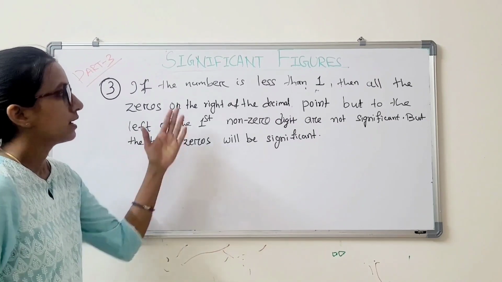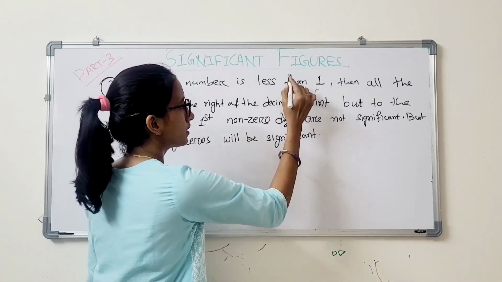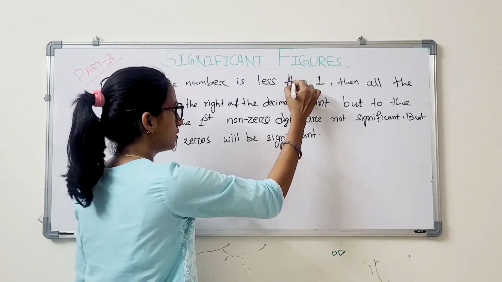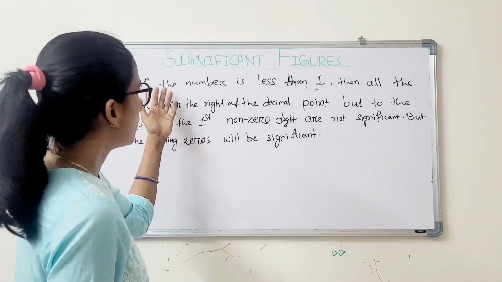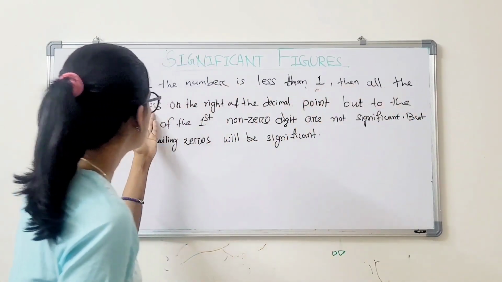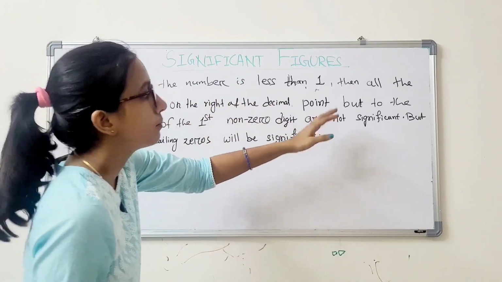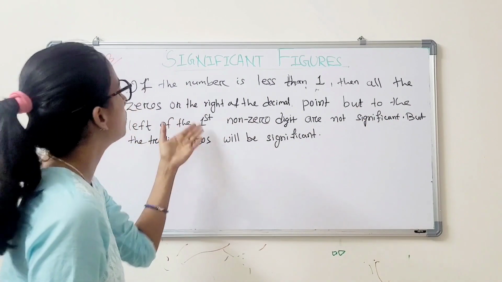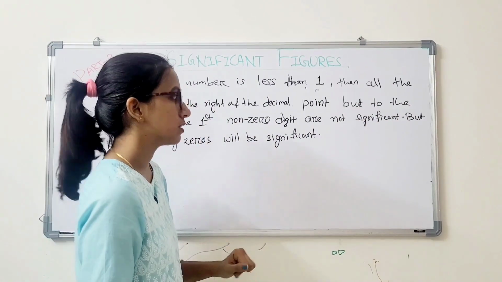Third rule says that if the number is less than 1, which means it is a decimal number, right? Okay, if the number is less than 1, then all the zeros on the right of the decimal point but to the left of the first non-zero digit are not significant.